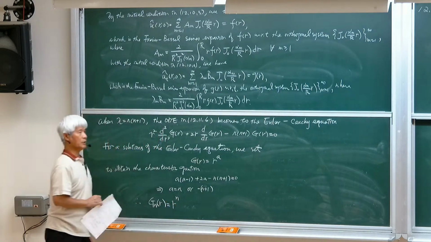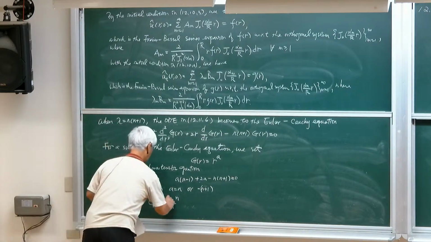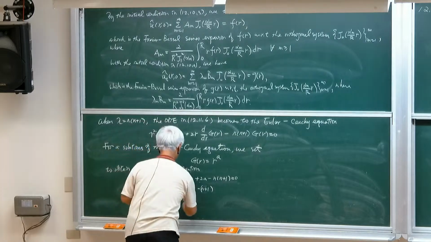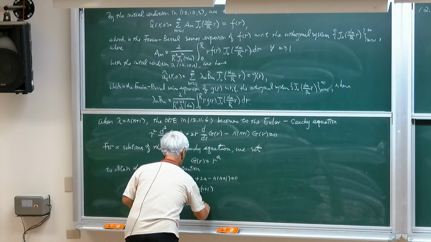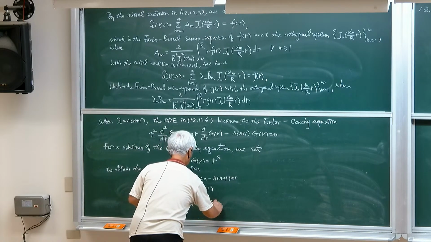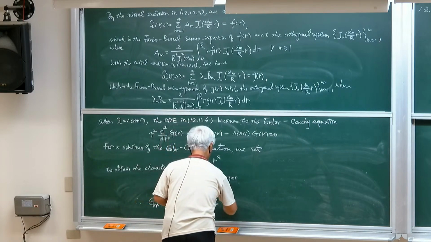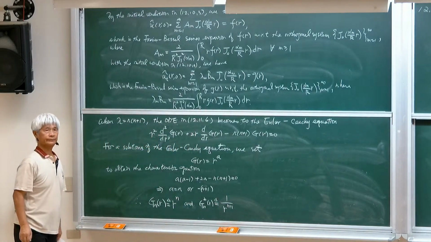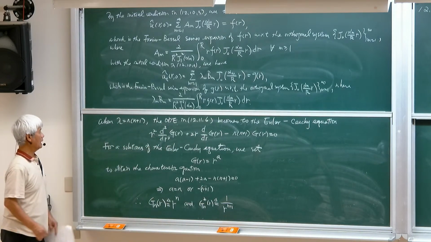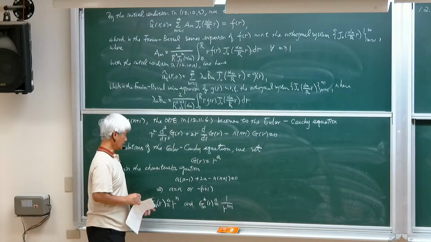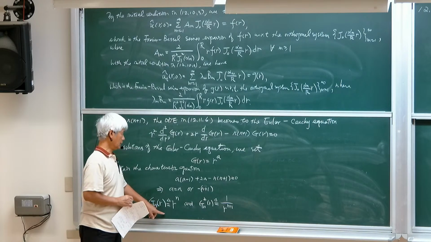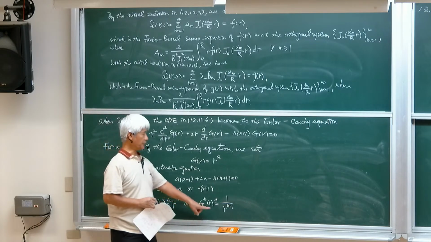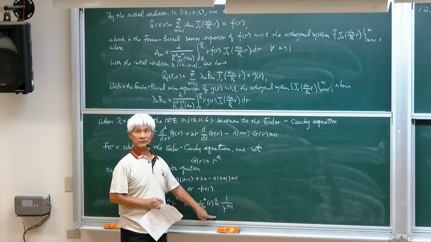We could define G_n to be the nth power of r, and we define G_n star of r to be 1 over r to the n plus 1. And as you will see, this one is good for the interior problem, and this one will be good for the exterior problem.